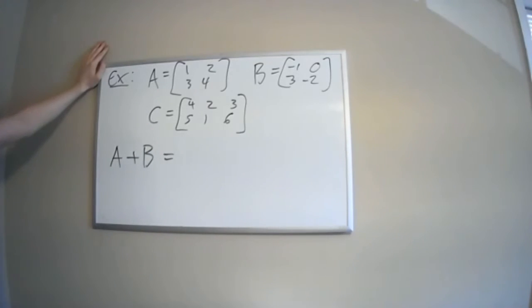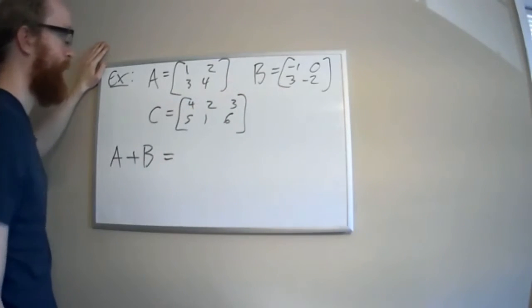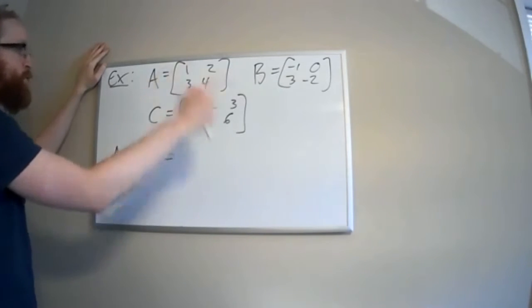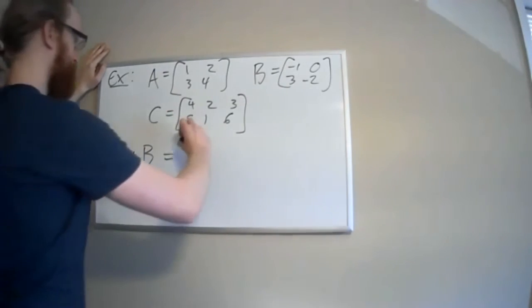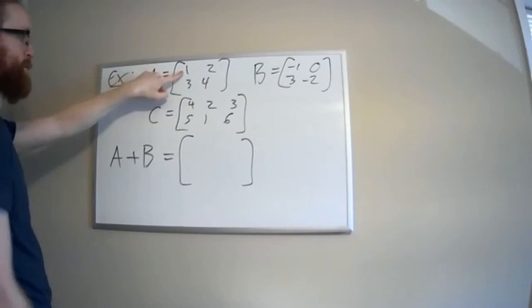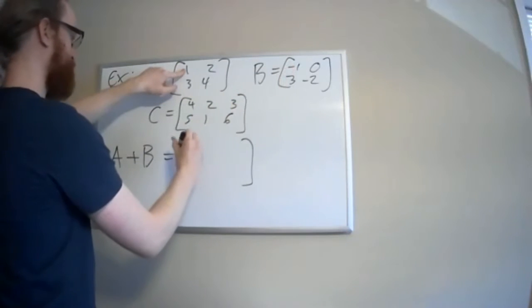Well, according to our definition, first thing I need to ask is, do A and B have the same dimension? And they do. They're both 2 by 2 matrices. So I can add them together. And according to the definition, all I need to do is take the corresponding entries and add them. So to get the first row, first column, I take first row, first column of A and add it to the first row, first column of B. So I take 1 plus -1, and that's 0.